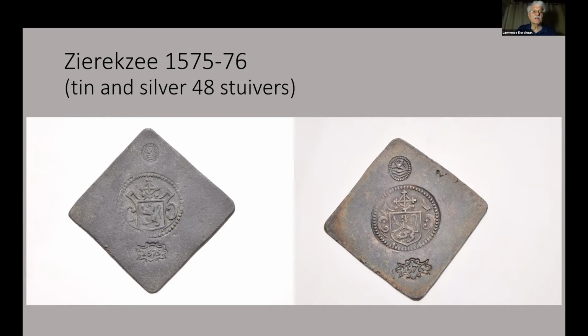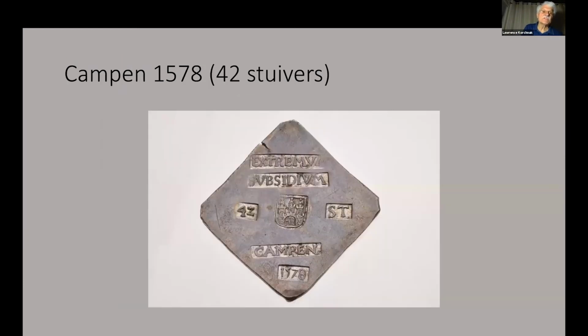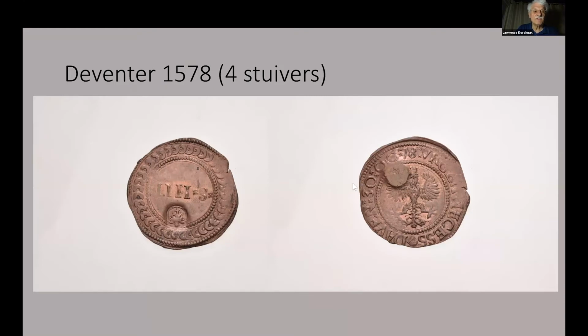And at this particular time, he besieged the city of Kampen. It's a 1578 42 stiver piece. In Deventer, 1578. You see these fairly common. Now, I can't say that siege coins are common, but some siege coins are more common than the others. They're scarcer, but this is one, the very affordable copper pieces.